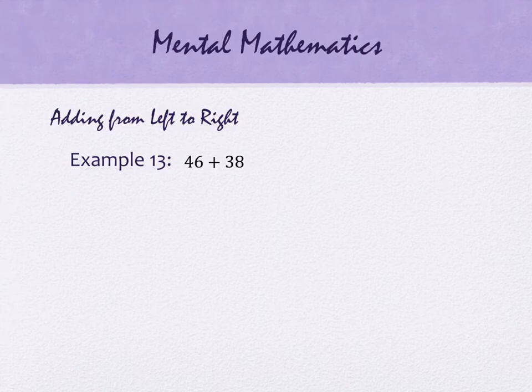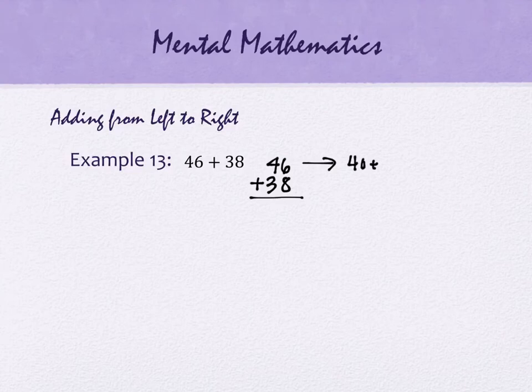So if we were adding 46 plus 38, one way to do that is to add the 40 and the 30 together first. So 40 plus 30 is 70. And then I can add my 6 and my 8 together to give me 14, and there's my 84.